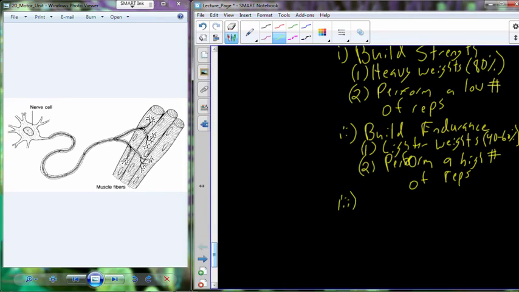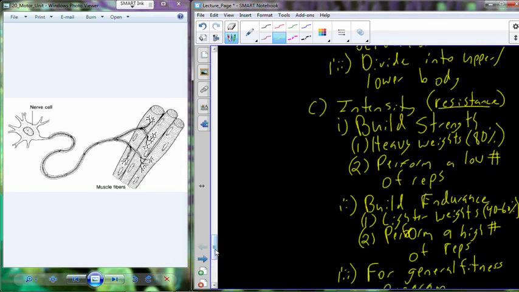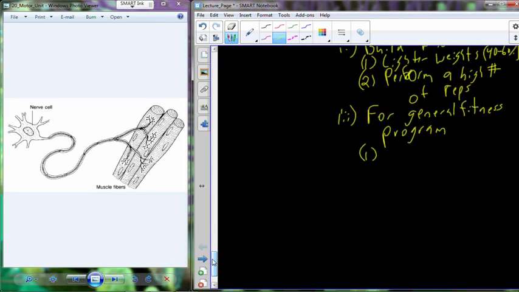A third option is to balance strength and endurance and have more of a general fitness program. So for that general fitness program, we're actually going to lift more of a moderate resistance.